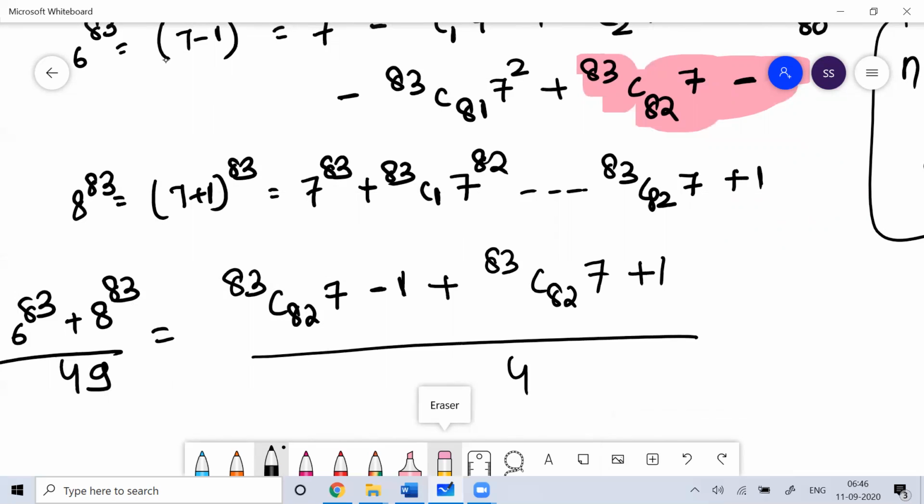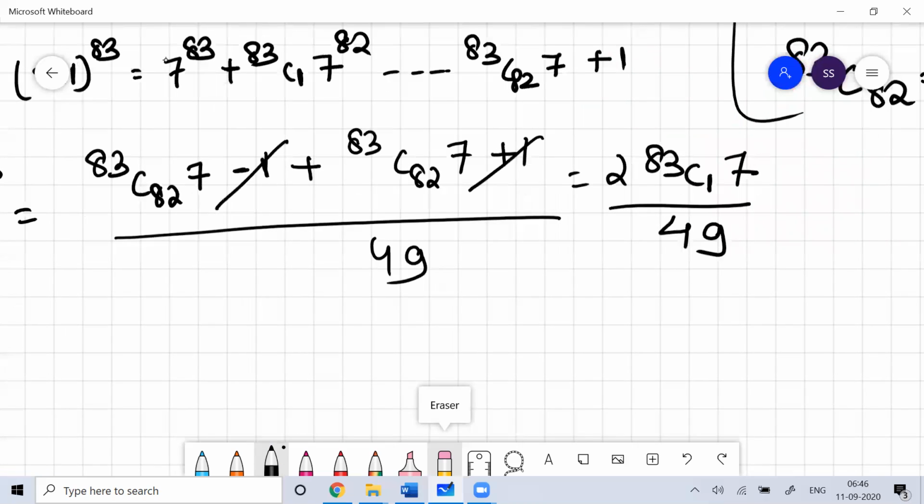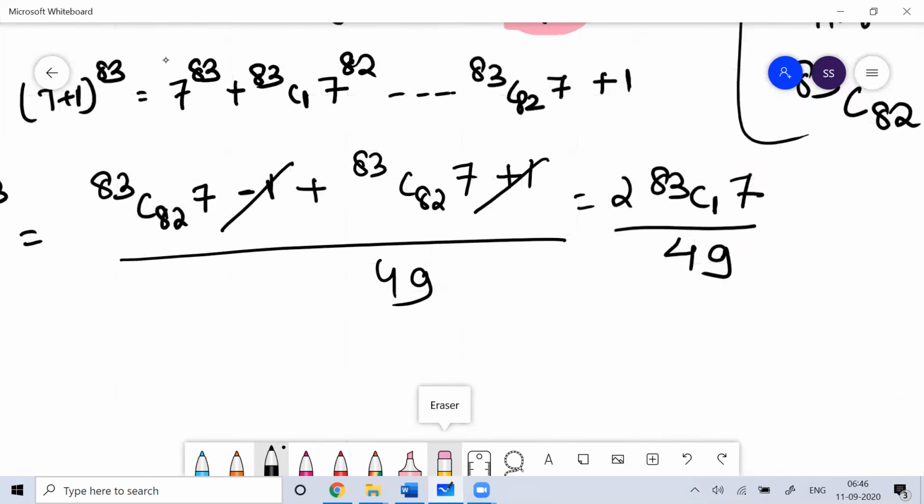This gets cancelled. This is 2 into 83C1 into 7 divided by 49, so this is 2 into 83 into 7 divided by 49.